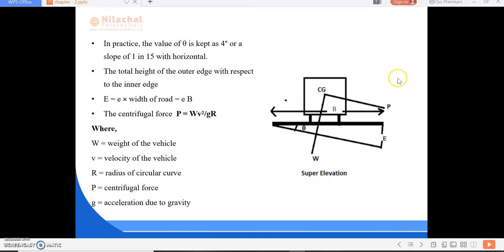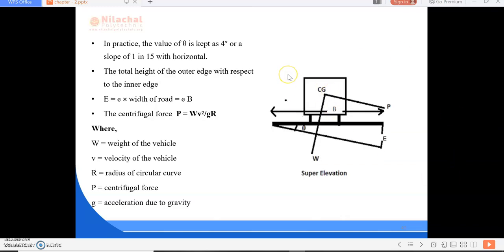This is the image of a vehicle on a road surface, and here this is our E, the super elevation. To find the value of E, E equals V square by gR.